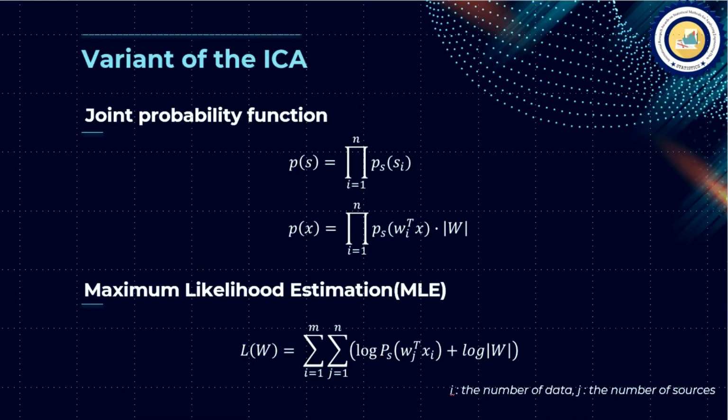By considering the relationship between the source signal S and measured data X, and by applying the logarithmic function for the convenience of calculation, the likelihood function used in this study can be presented as shown on this slide.